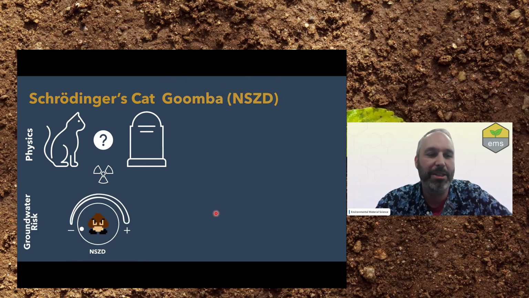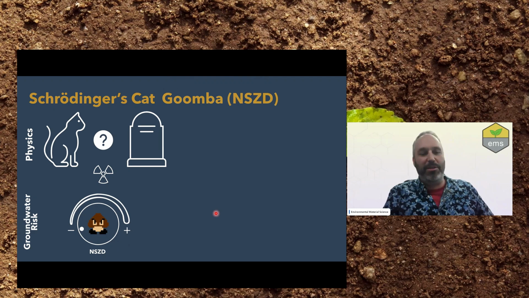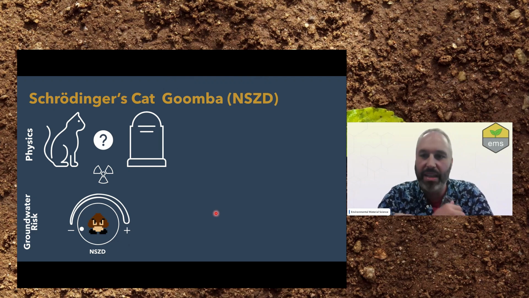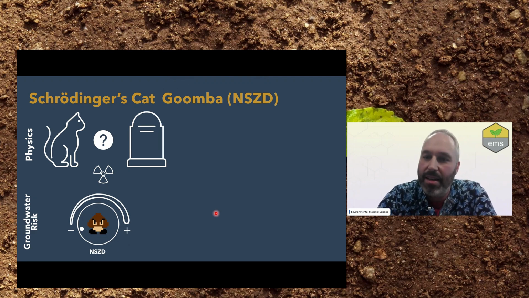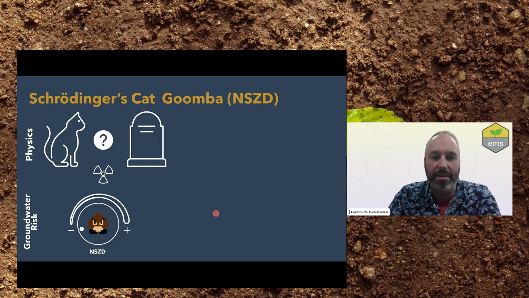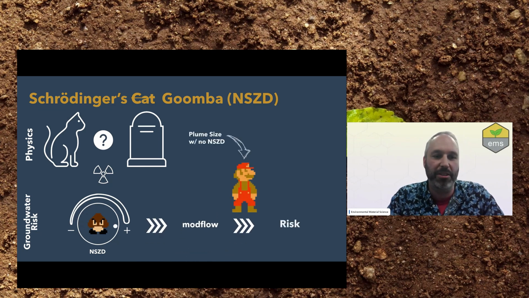So I'm maybe stretching a bit here, trying to apply it to natural source zone depletion. But this is a continuous system that relies on observability. We know depletion is occurring, but we need to quantify it. So until we've quantified it, we basically have to assume it's 0. So rather than a switch where it's live or dead, here it's more of a knob. So we'll call this Schrodinger's Goomba.